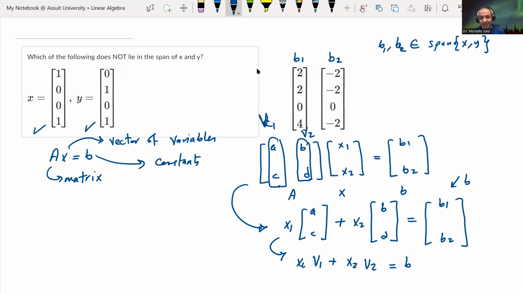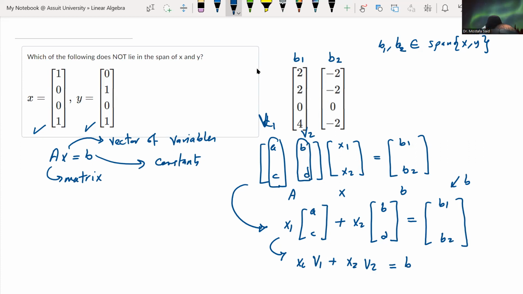Okay. And we learned in that chapter that if a vector belongs to some subspace, or a combination of vectors, it should be dependent on them. I mean, it should be equal to some constant multiplied by the first vector plus another constant multiplied by the second vector, third vector, and so on. Here, luckily, we have only two vectors.